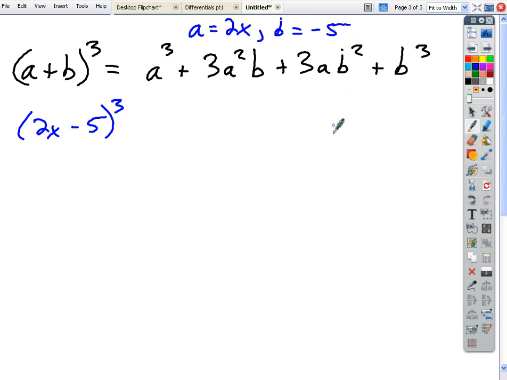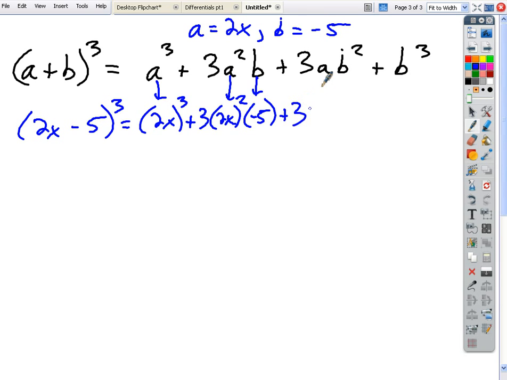Okay, so then we're going to get 2x quantity cubed plus 3 times 2x squared times negative 5, plus 3 times 2x times negative 5 squared, plus negative 5 cubed, right?